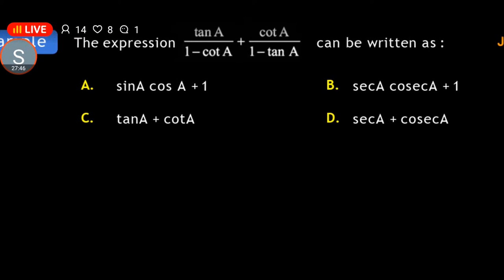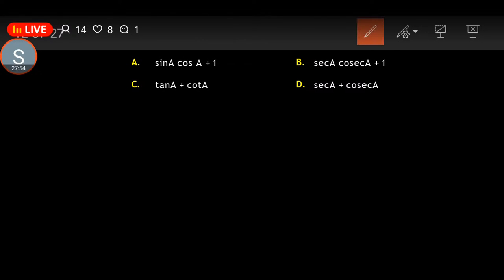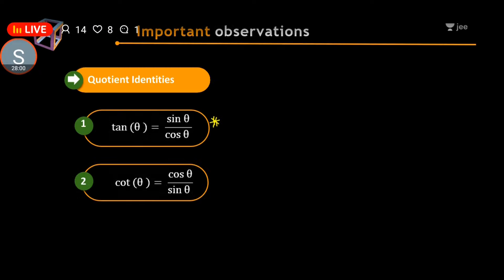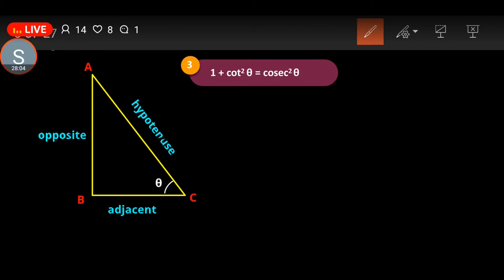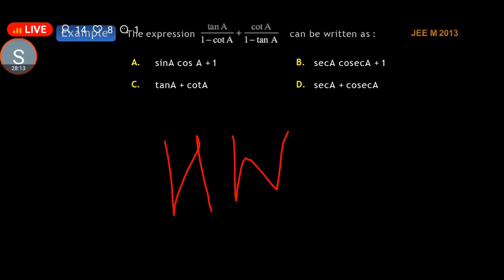Tan A, cot A, sin A. I'll give this also as homework. This in fundamental identities, I gave you as homework, right? And that's all. Now we'll move to the next.